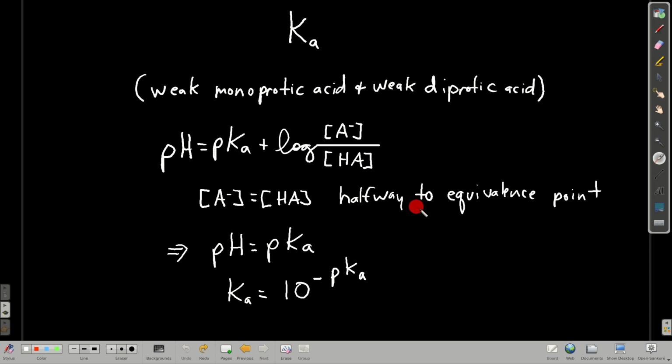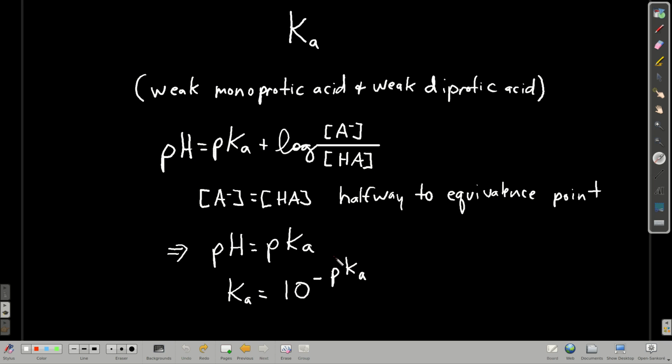At halfway to the equivalence point, the concentration of the base form is equal to the concentration of the acid form of this weak acid. This ratio is 1, log of 1 is 0, and so pH is equal to pKa. So you read the pH at halfway to the equivalence point. That is the pKa for that acid. Ka will be 10 to the minus pKa.